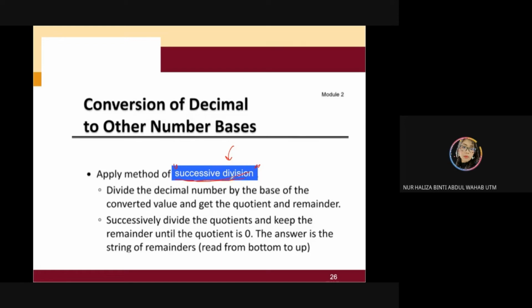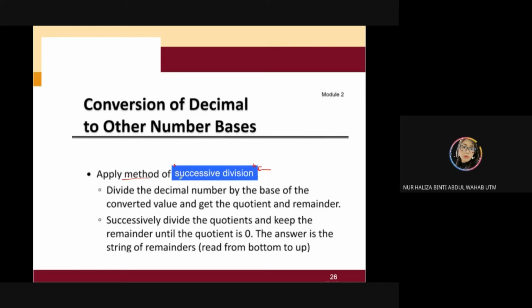So you need to know what is the method name for converting decimal to another new base. So please make sure that although you know how to do the conversions, in terms of all the terms for the method, you need to know also the name, okay?